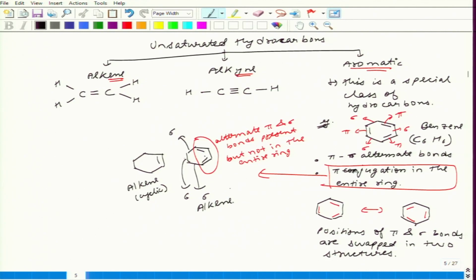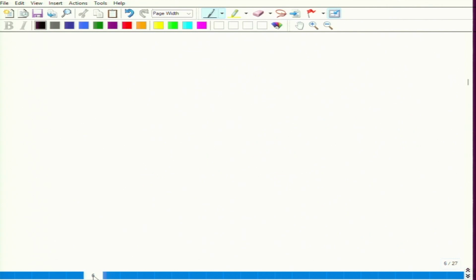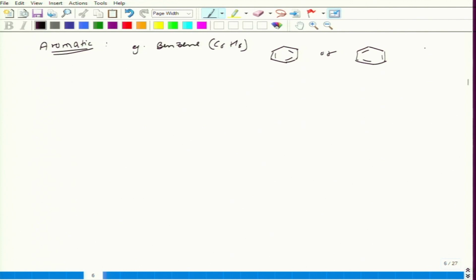Okay, now we were discussing aromatic compounds. We do not have to discuss much about this right now. Benzene we have discussed, a molecule formed by C6H6, and this is the structure, or we can also draw this as the structure, with alternate pi bonds.